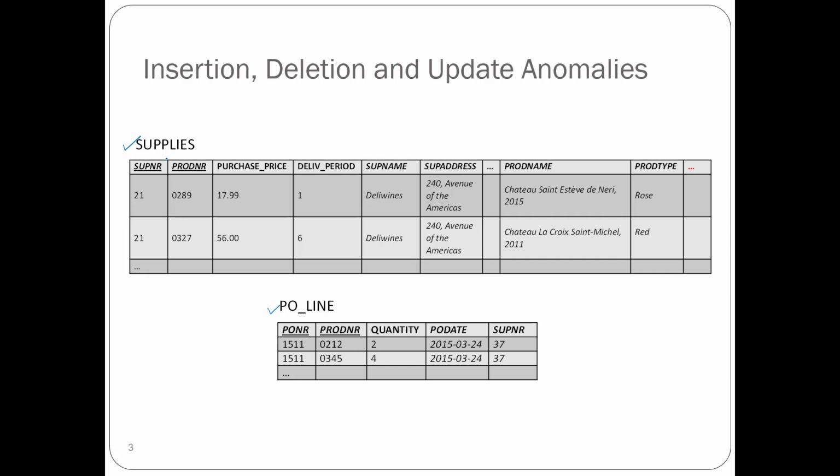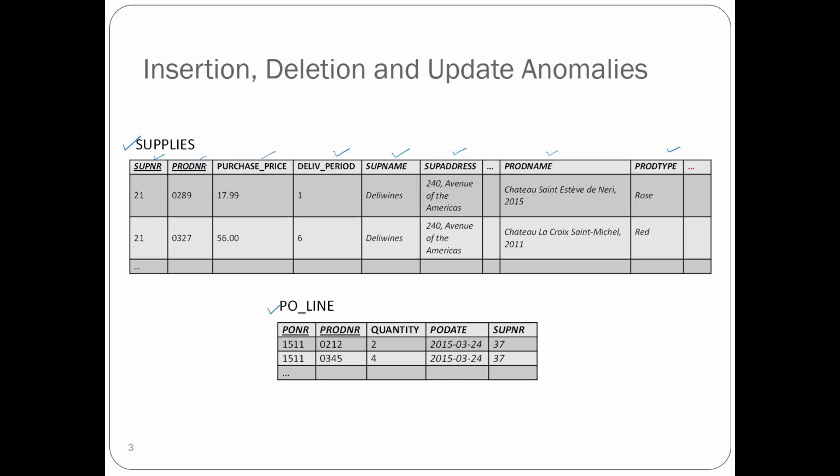If we go over the supplies relation and try to understand the columns, or the attribute types, then in supplies we have supplier number, product number, purchase price, delivery period, supplier name, supplier address, then a few more attribute types, followed by product name, product type, and again a few more attribute types.